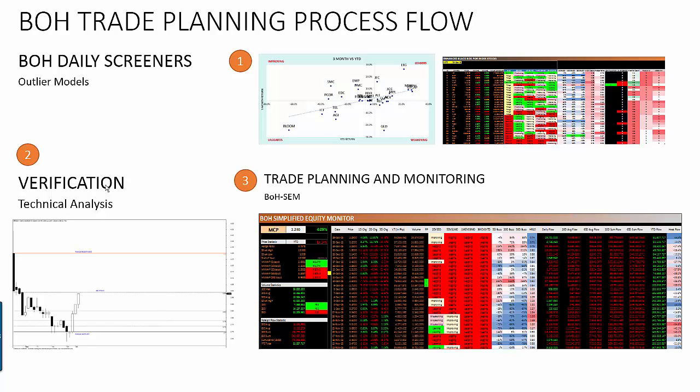Once na nasala mo na yung listahan mo dun sa mga sinasabi mong naiintindihan ko to yung ganitong klaseng potential trade, then you move on now to trade planning and monitoring. Yung trade planning monitoring, dito na papasok yung pag-identify mo kung nasaan ba talaga yung ideal levels for you to get into that trade. Because we already know that you can do technical analysis, that you already know how to define support and resistance levels.